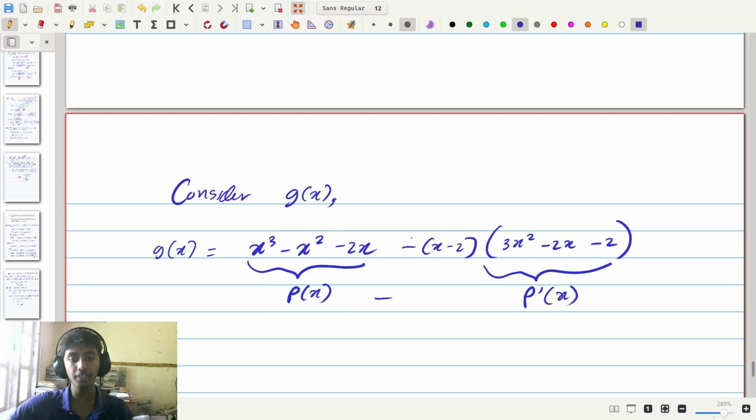So we have p of x minus x minus 2 times p prime of x, and g of x is equal to that.